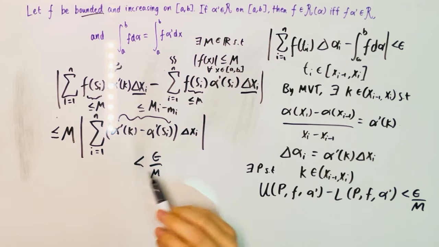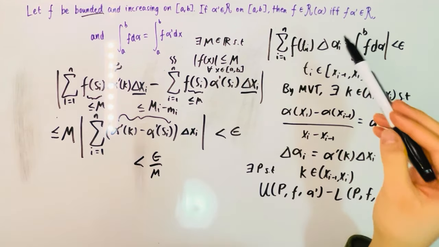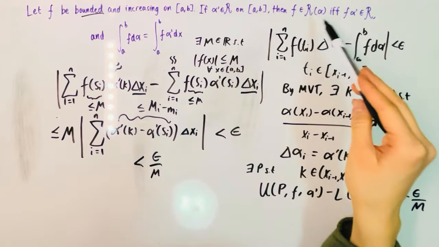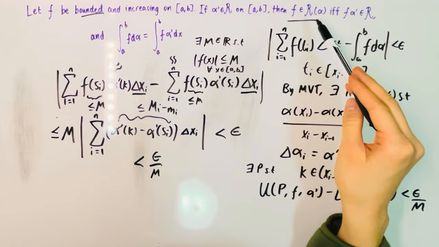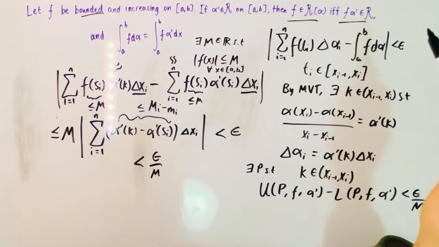Okay, great. So now we have this is less than epsilon. Thus these are arbitrarily close, and f is Riemann integrable with respect to alpha if and only if f of alpha is Riemann integrable with respect to x.